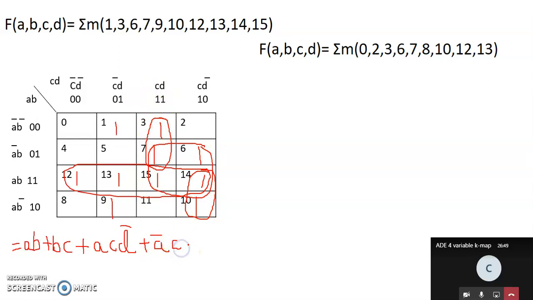Or else, if I make these two a group, then A bar B bar, and out of this, D is retained constant. So D. Either I can get this answer or this.